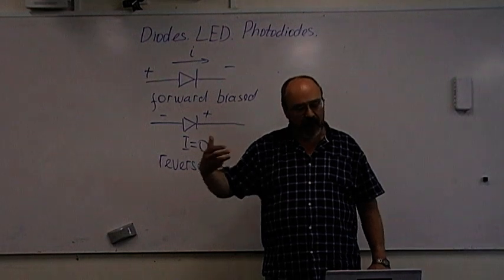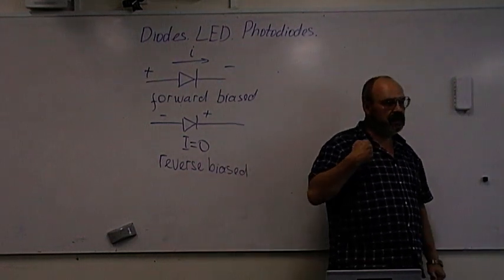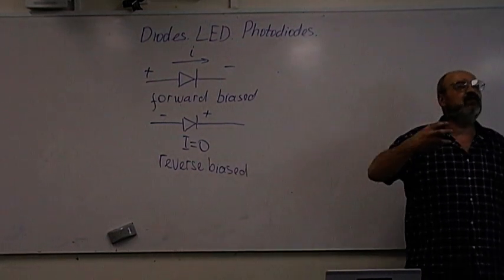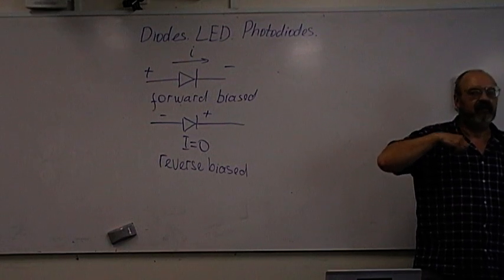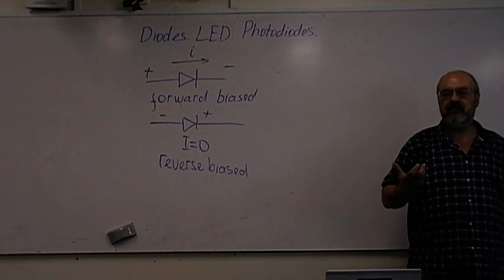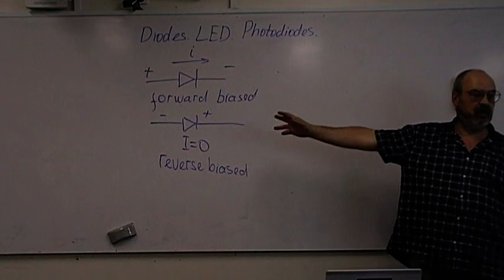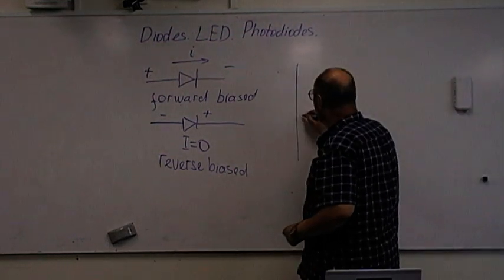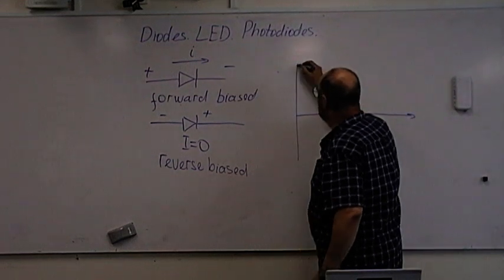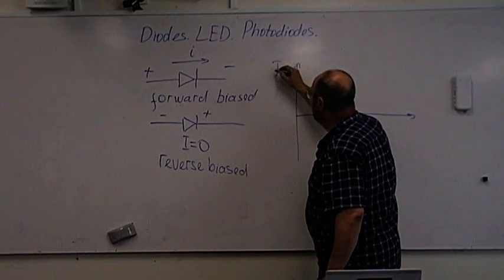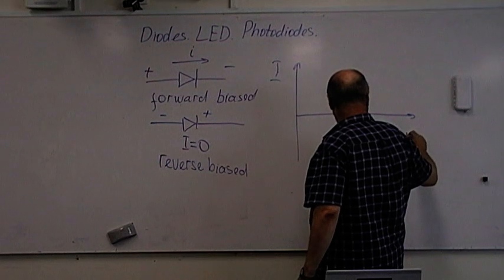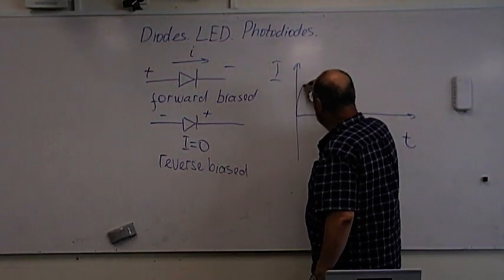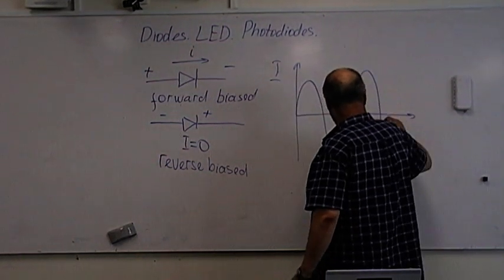AC. But to charge a battery we need DC. So we need to make DC current from AC current, and then we will need to use a diode. So what will the diode do? Let's say this is the current against time. AC current is going like this.